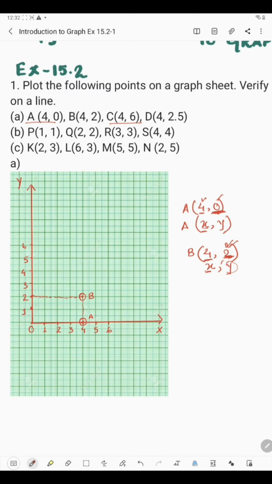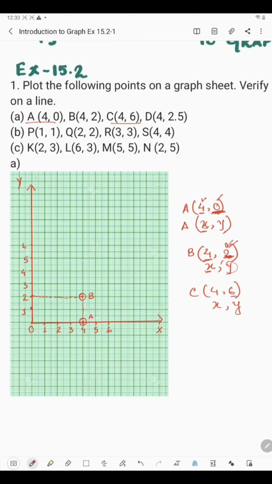Similarly, we will have to do point C, which is 4 and 6. 4 means the value of x and y is 6. So where is 4? Again 1, 2, 3, 4 here. Now to put the value of y, we need to go up. Till 6 boxes we have to go.